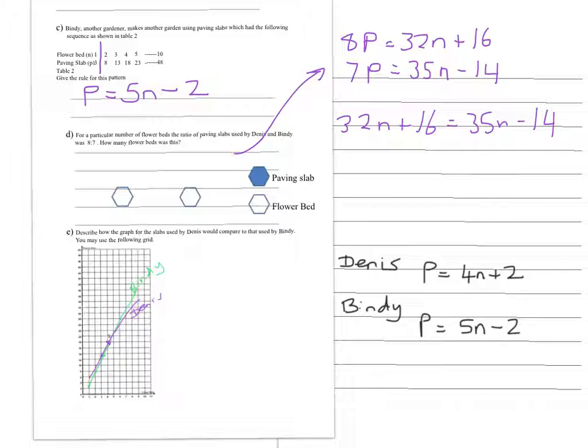And I can rearrange this. I've got the most n on this side, so let's leave that there, 35n minus 32n. And I've got 16, this minus 14 becomes a plus 14 on that side.